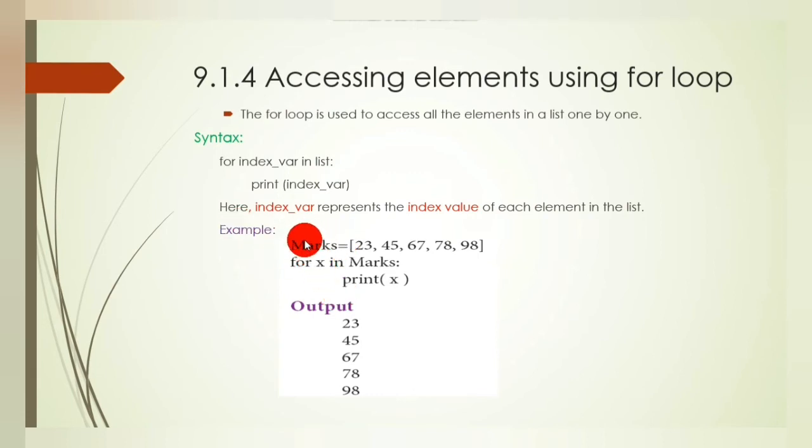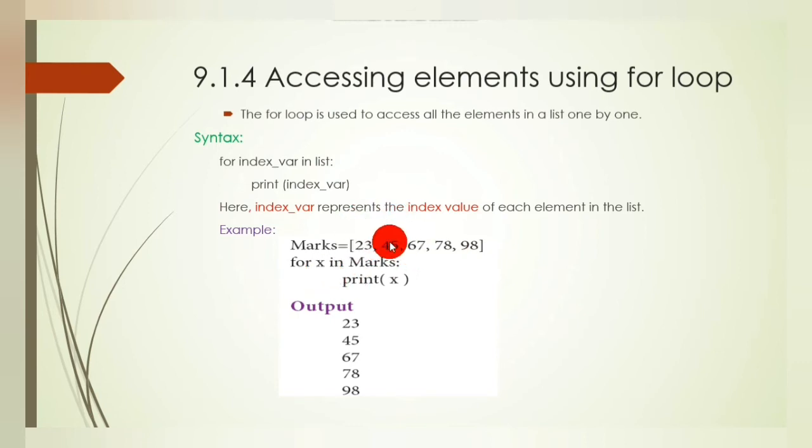Here marks is a list variable name, equal to, within square brackets, 23, 45, 67, 78, 98. So these are the different elements entered in this list. Okay, how many elements are present in this list? 1, 2, 3, 4, 5. So totally 5 elements in this list.